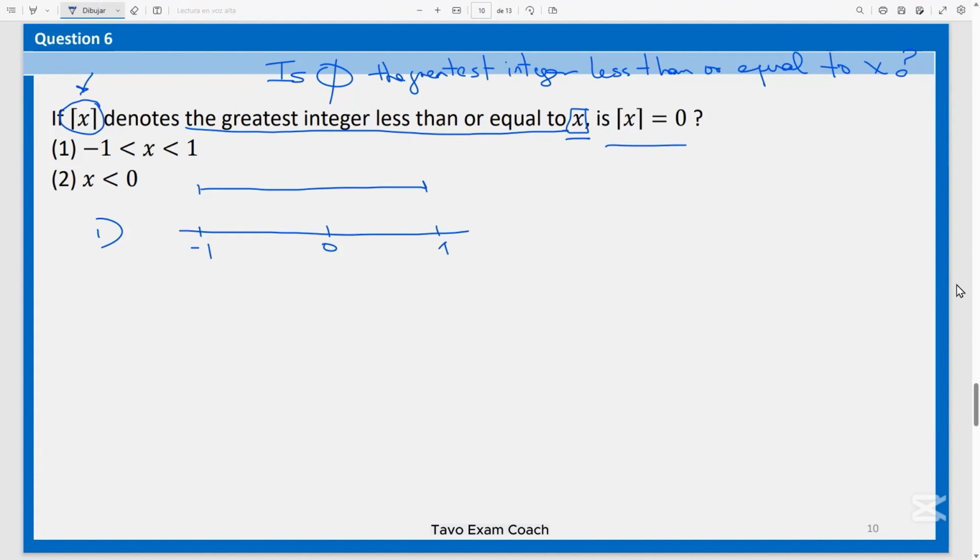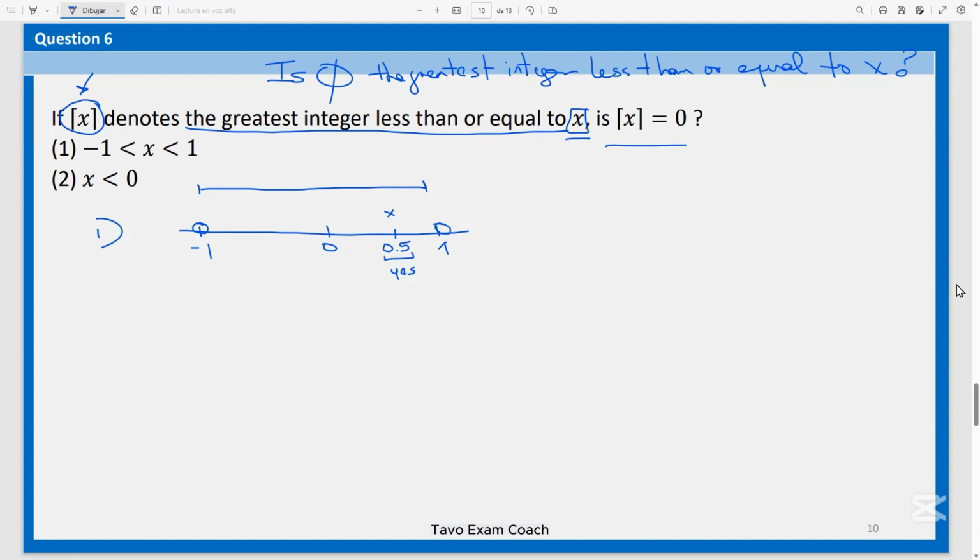Any value in between is okay. For example, let's say that we pick 0.5 as the value of x. Is 0 the greatest integer less than or equal to 0.5? Yes, it is. 0 is the greatest integer to the left of 0.5. So with this value of x, the answer to the question would be affirmative.